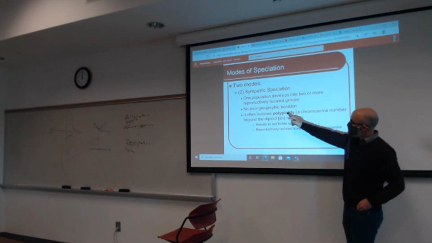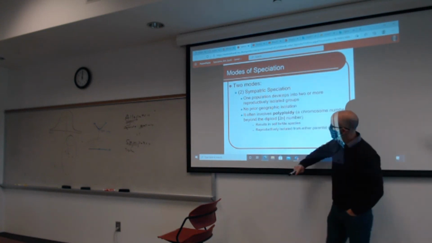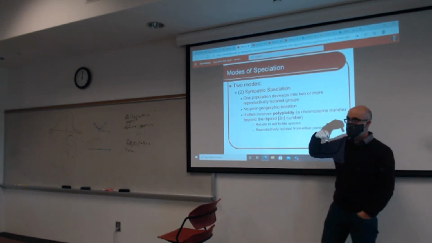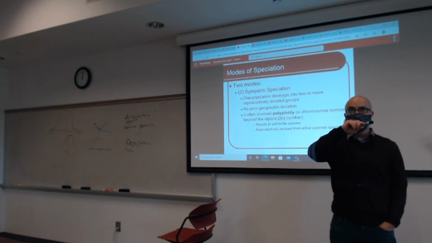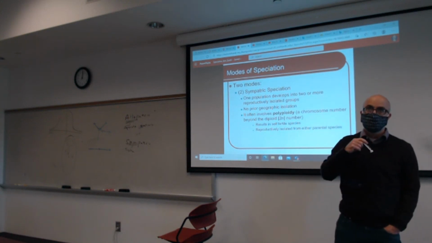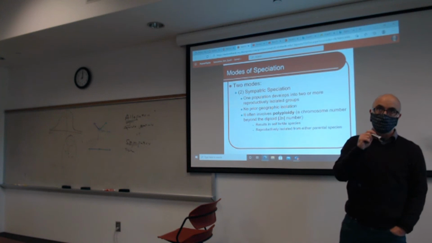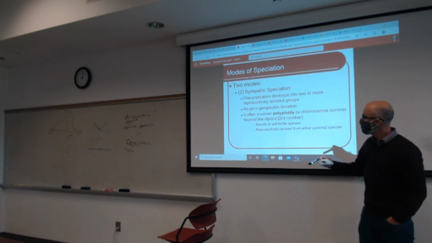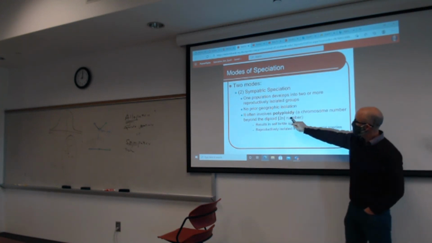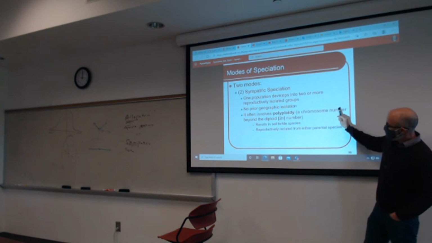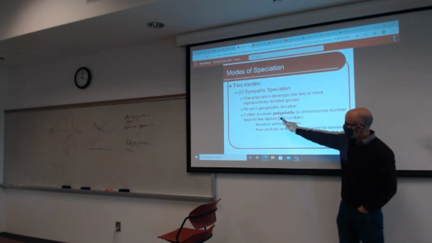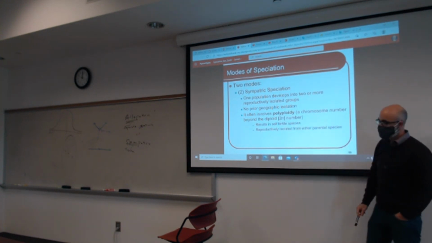And one of the most common ways that sympatric speciation happens is a huge mutation that causes a doubling in the number of chromosomes, okay? Called polyploidy. So where you basically get a chromosome number beyond the diploid number, okay?